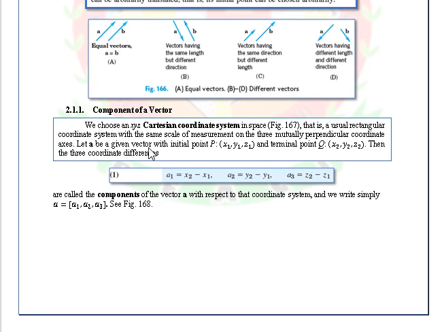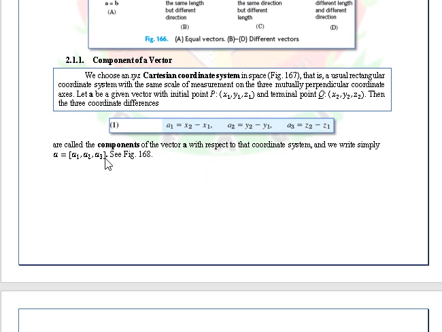Then let A be a given vector with this initial point and this terminal point. The coordinate differences are given by these equations. Coordinate 1 is x2 minus x1, coordinate 2 is y2 minus y1, and coordinate 3 is z2 minus z1. These are called the components of a vector with respect to Cartesian coordinates.